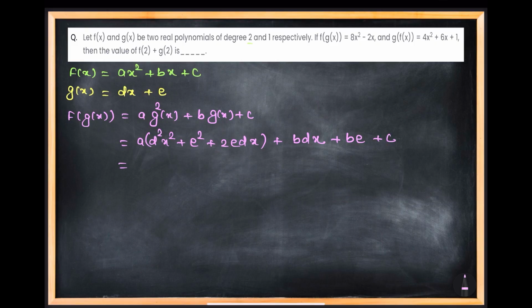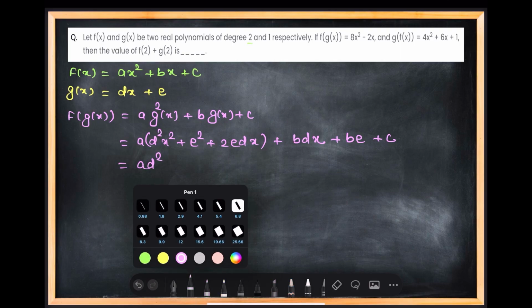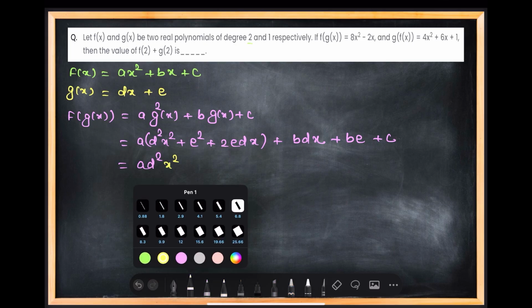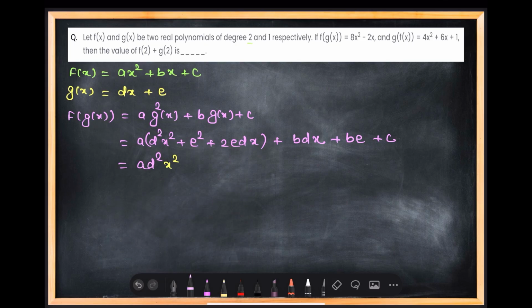Now let's write down this thing in standard form, that is ad square x square. Now I will be writing x.